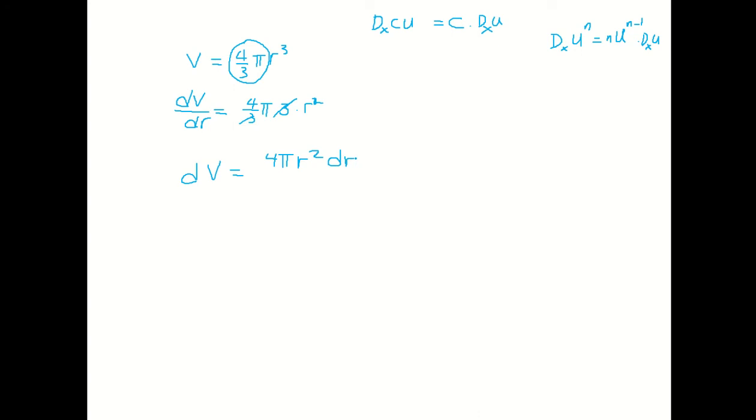Now solving for the maximum error of the volume, we have the dV, so just substitute the given. We have 4 pi multiplied by r. Our r is given as 21 cm, so you square this one, and our dr is equal to 0.05 cm.